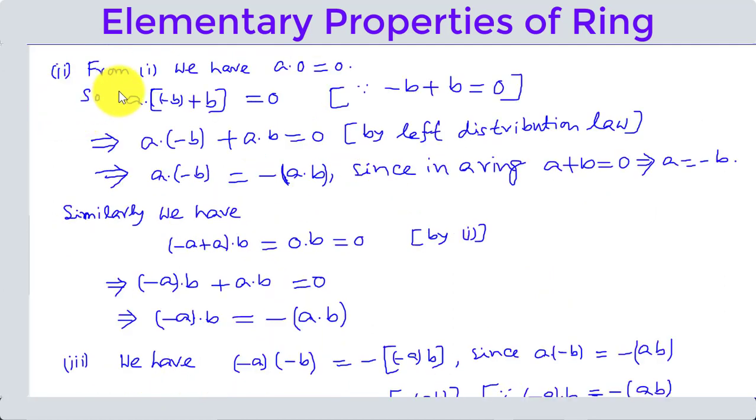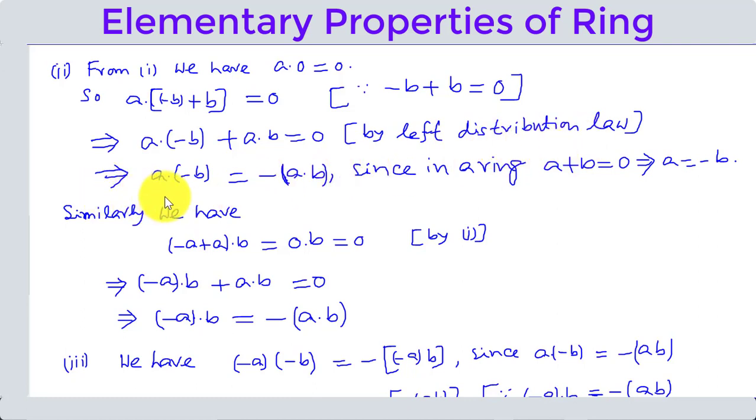Second, from 1 we have a dot 0 is equal to 0. So a dot minus of b plus b is equal to 0, because minus of b plus b is equal to 0 in R. Implies that a dot minus of b plus a dot b is equal to 0 by left distribution law.